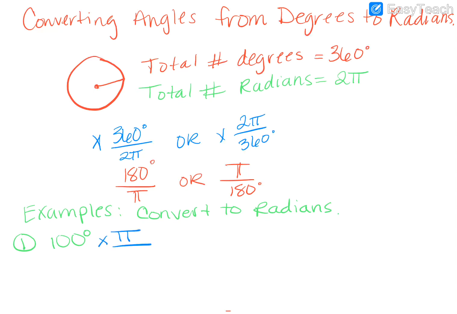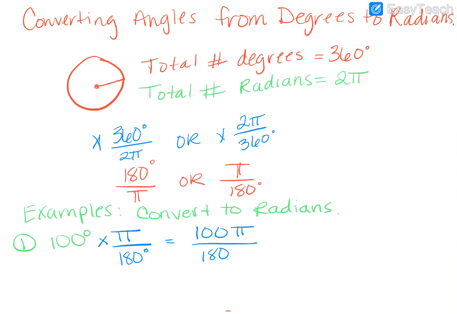And you divide, so you want what you're looking to get rid of on the bottom. I'm looking to get rid of degrees. So 180 goes on the bottom, because 180 is the degrees and pi is the radians. When we multiply it out, we get 100 pi over 180.